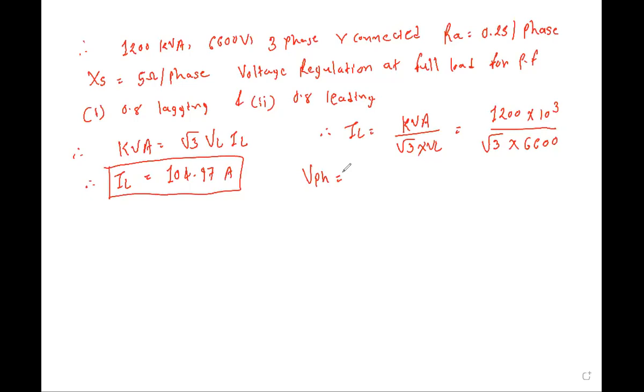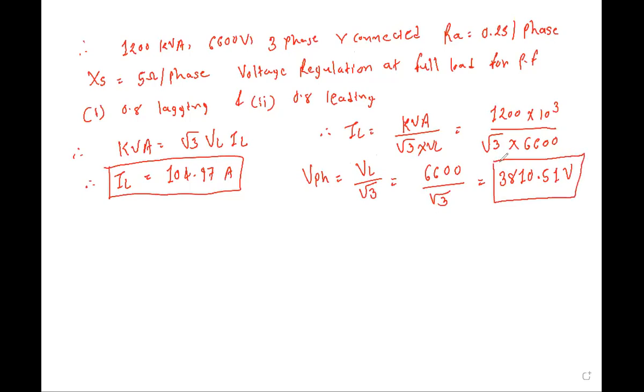So VPH is equal to VL by √3. My VL is 6600 divided by √3. The answer is 3810.51 volt. So this is my VPH.